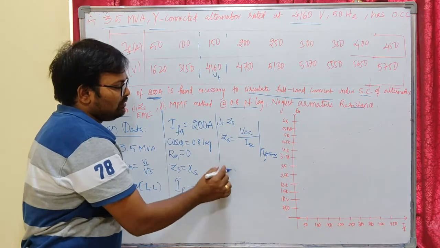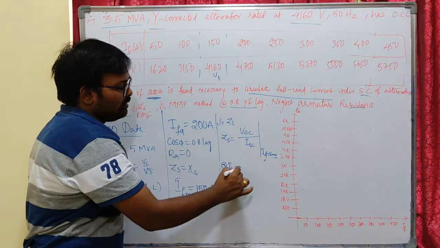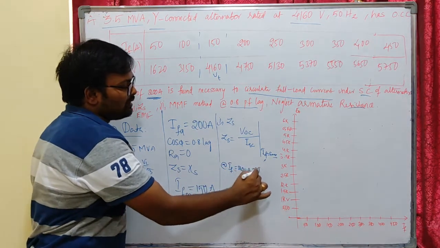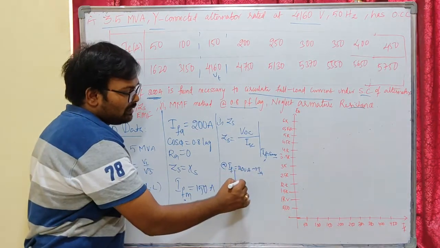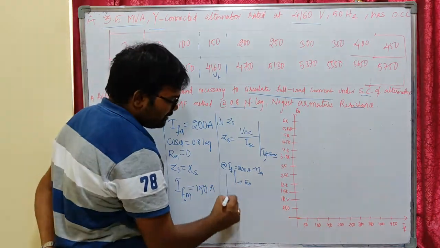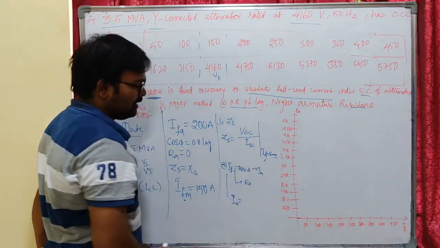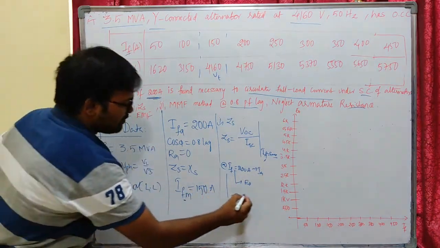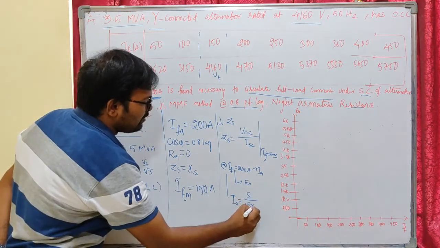At IF equal to 200 amps, the armature current is IA, and at the same field current only we need to find E naught. So let us find IA first. IA is the armature current under short circuit condition, which can be obtained by S by root 3 times our line voltage.